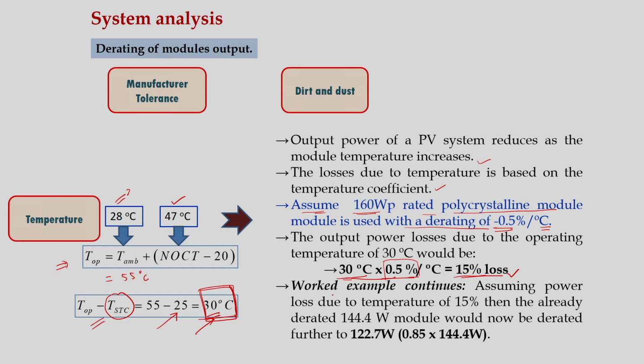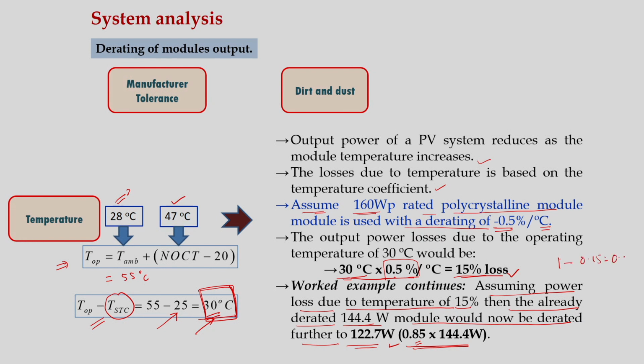So, if we continue with the problem we initiated, assuming this power loss due to temperature of 15%, then the already derated 144 watt module would now be derated further to 122.7 watt. So, this will be something like 0.85 into 144.4 watt. 0.85 means 1 minus 0.15.